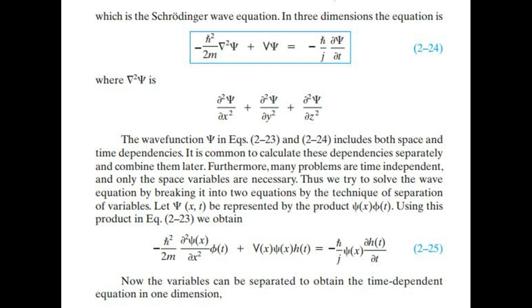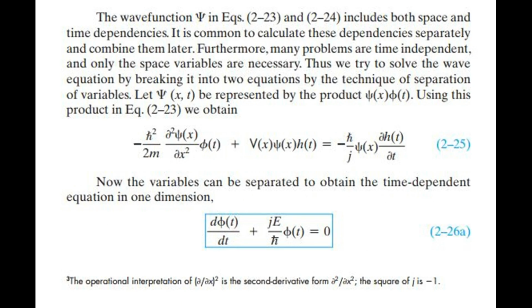Using this product in EQ 223, we obtain. Now the variables can be separated to obtain the time-dependent equation in one dimension, and the time-independent equation, EQ 226b.